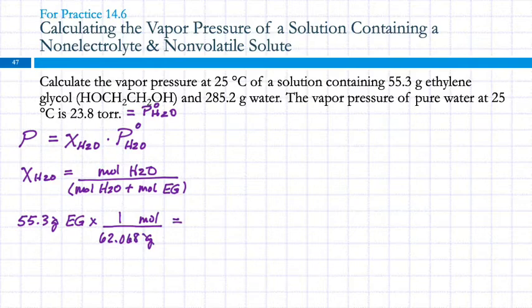So 55.3 divided by 62.068. 0.89095 moles of ethylene glycol.